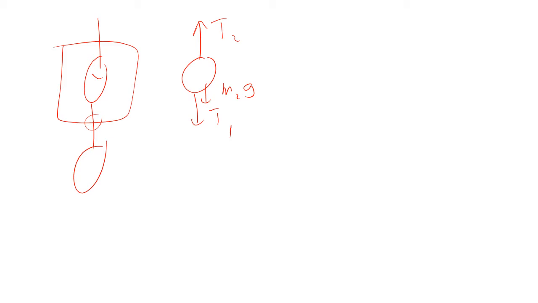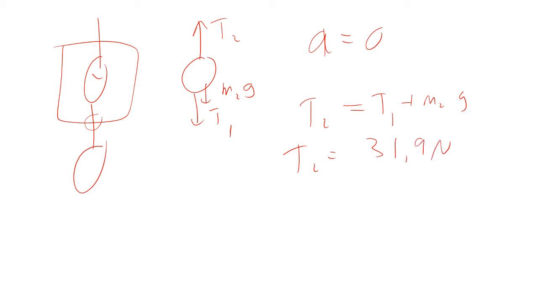So again, if acceleration is 0, then T2 has to balance the downward forces, T1 plus M2G. And that would be equal to, plugging in the numbers we had before, 31.9 newtons.